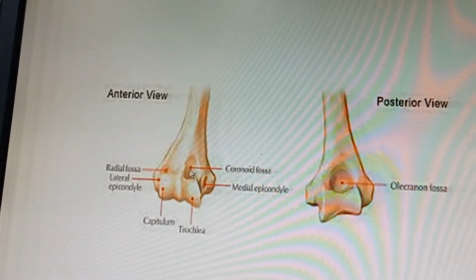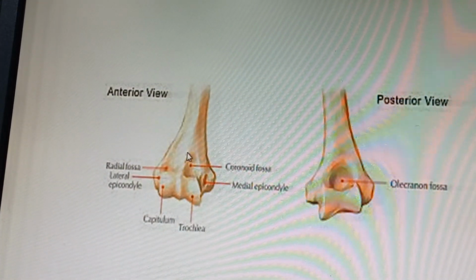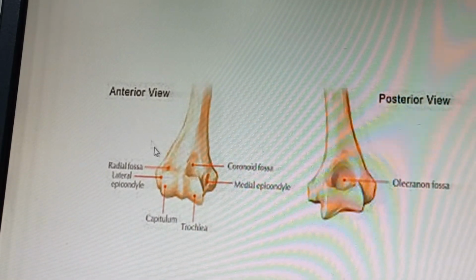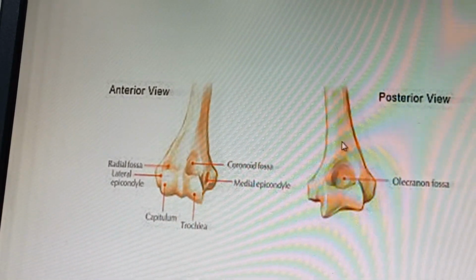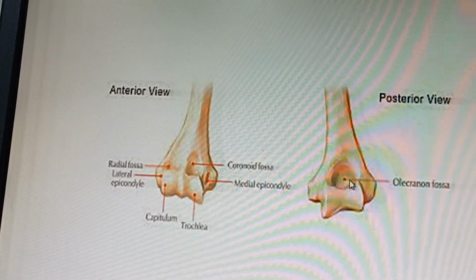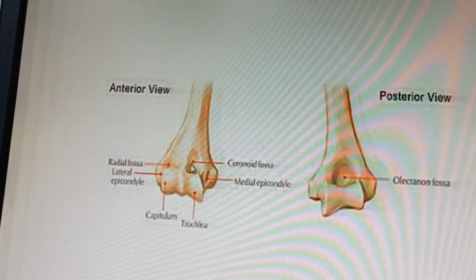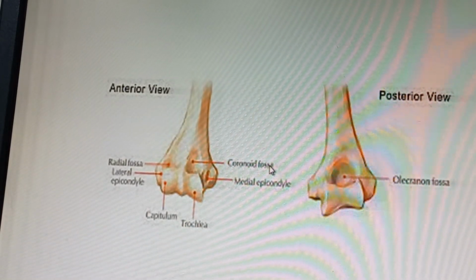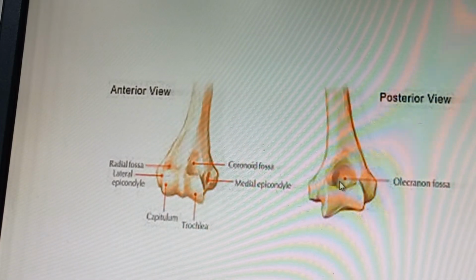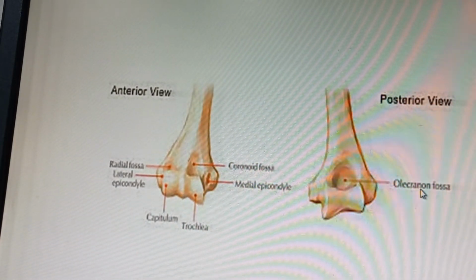If you see in this picture, the anterior view and posterior view, there is a small cavity in the anterior view, and at the back of the distal end of the humerus there is a large cavity. The cavity in front is the coronoid fossa, and the larger cavity at the back, in the posterior view, is the olecranon fossa.